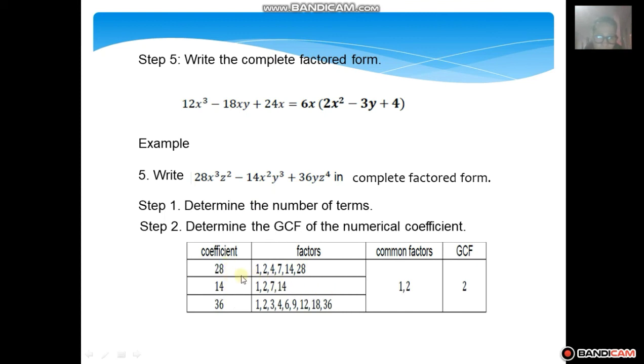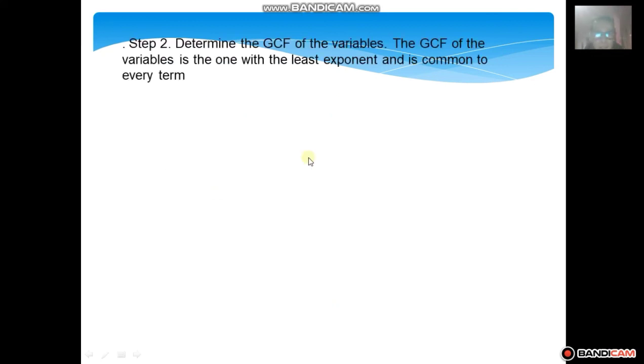These are the factors of 28, the factors of 14, the factors of 36. Then determine the common factors. We have 1, then we have 2. So we only have 2 common factors. We will choose 2 because 2 is the greatest common factor. So 2 is the GCF of 28, 14, and 36.